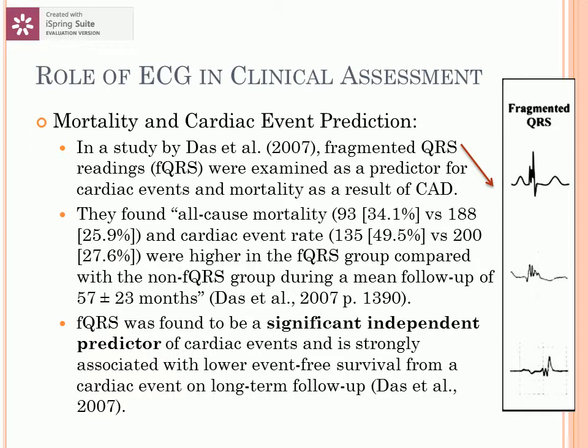So that meant with an abnormal QRS reading, there was a higher mortality and cardiac event rate. Fragmented QRS was found to be a significant independent predictor of cardiac events and is strongly associated with lower event-free survival from a cardiac event on long-term follow-up.